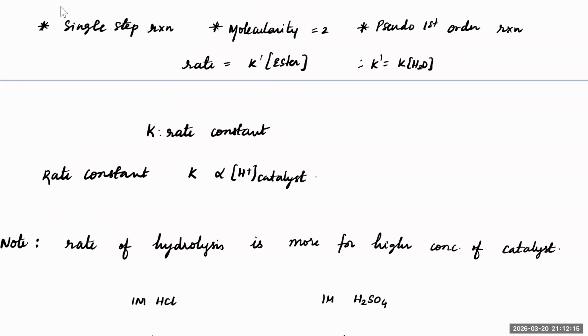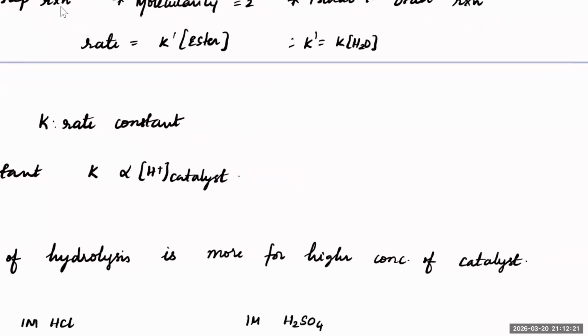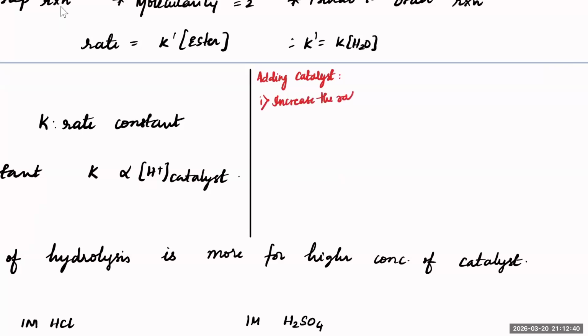Now, this is very important. Usually, when you add a catalyst to the reaction, what is the effect it will produce? Let's see that. Adding a catalyst, first thing it will increase the rate of reaction.